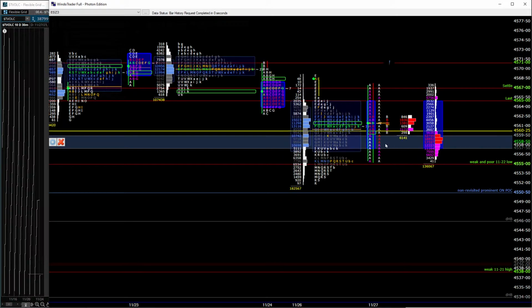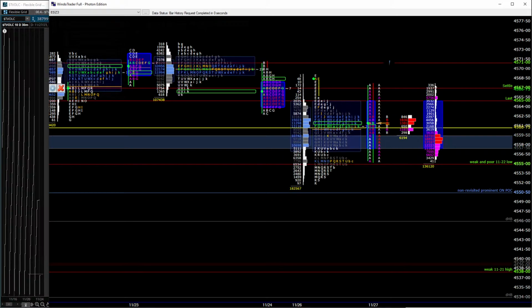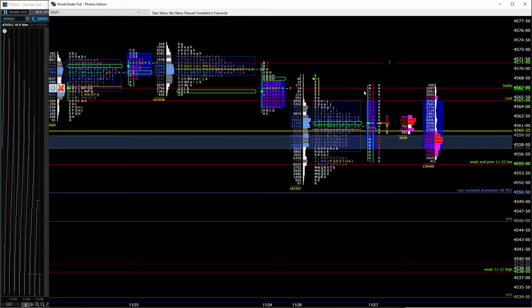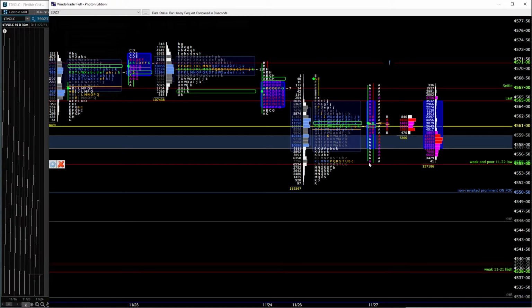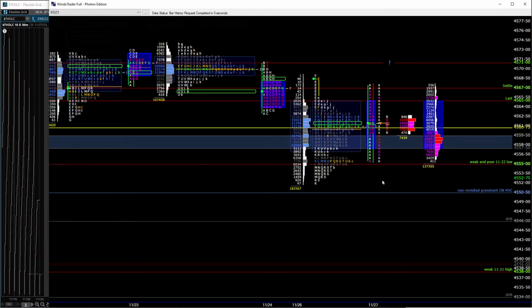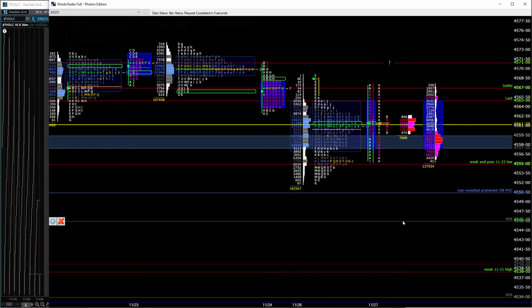Failing to challenge this, that will be a weak market to the upside. There's a weak high, weak low here. You can throw a coin here and place your trade, right? You've got 50% chances in any direction here.